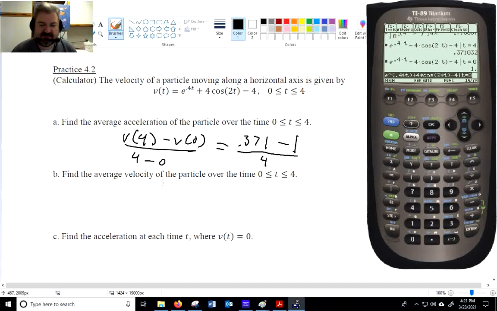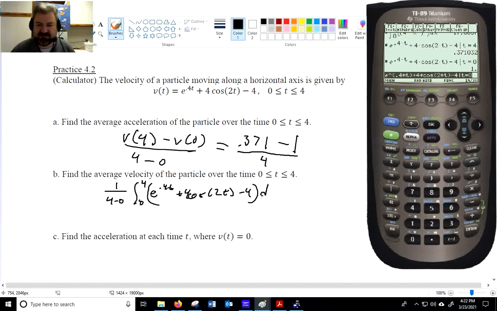Find the average velocity of the particle. Well, it's asking for average velocity, and we have an equation for velocity. They're asking for the average value, what I call my favorite function, fav. So the average value is 1 over b minus a times the integral from a to b of f of x dx. So this will be e to the 0.4t plus 4 cosine 2t minus 4.